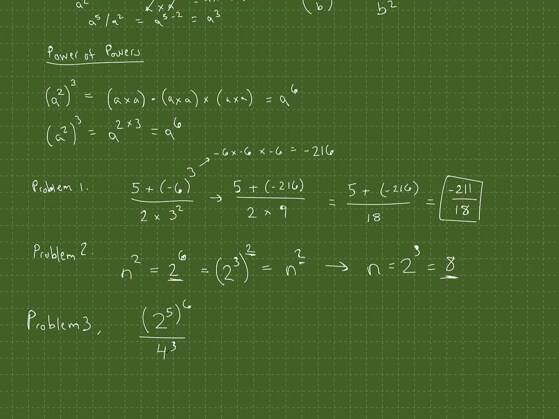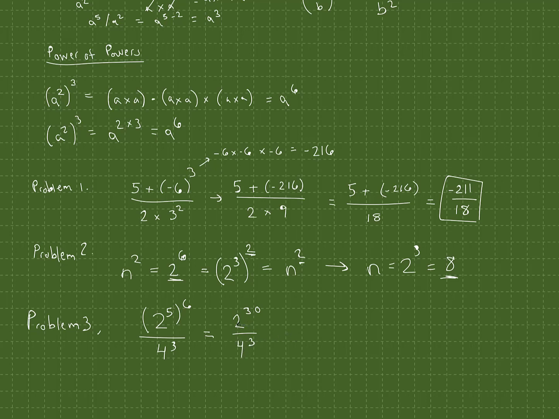Well, how can we write 2 as a function of 4? Well, why don't we just go ahead and do this step here? So we have this here, 2 to the 5th raised to the 6th power. We know that we multiply this, so this becomes 2 to the 30th power over 4 to the 3rd.